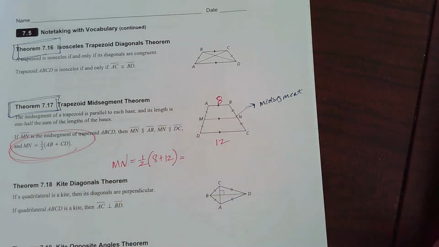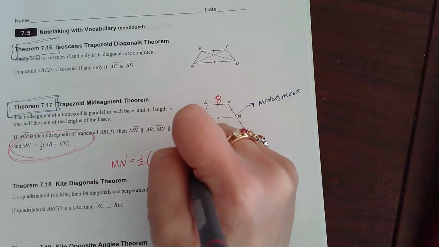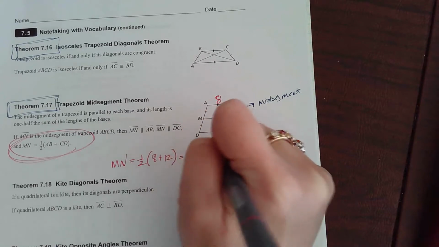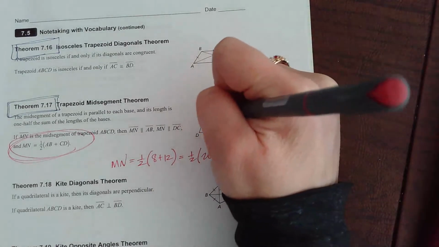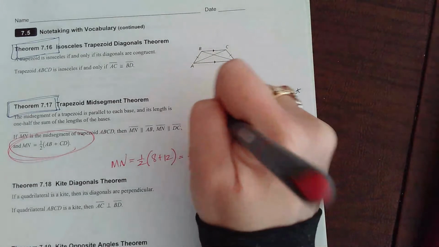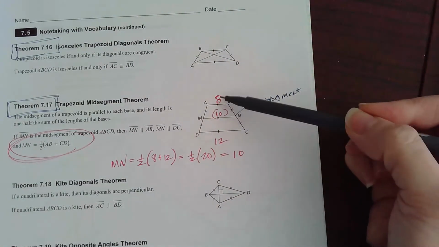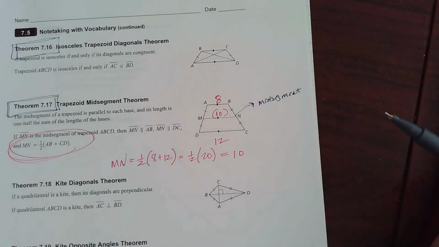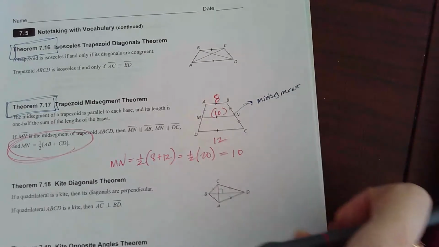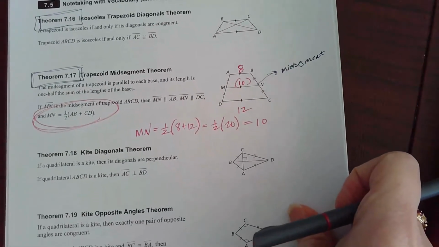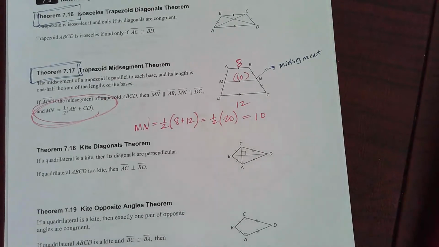So I would add 8 and 12 together and then take half of it. Half of 20 is 10, so that length is 10. That's the relationship with the mid-segment, so you're going to want to know that. We're going to do some more problems with that.